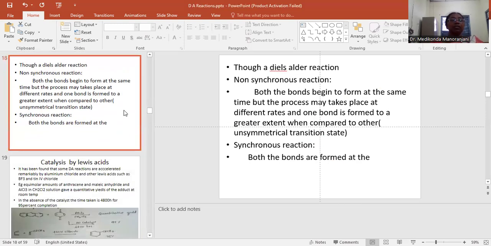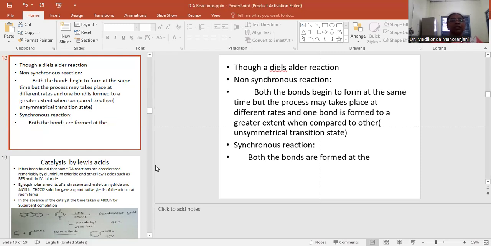Though a Diels Alder reaction is concerted, it may be a synchronous or a non-synchronous reaction. In a non-synchronous reaction, both the bonds begin to form at the same time, but the process may take place at different rates, and one bond is formed to a greater extent when compared to the other. An unsymmetrical transition state is involved.